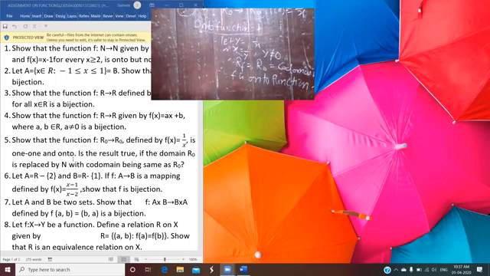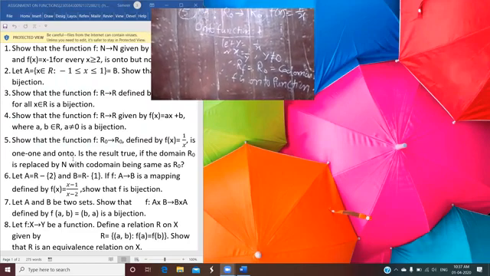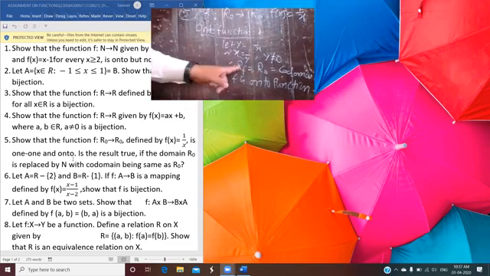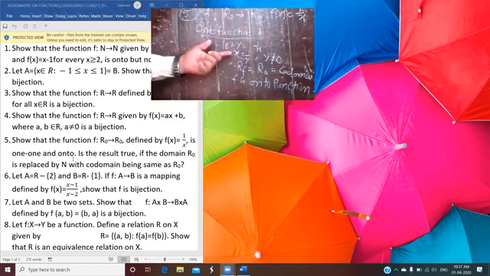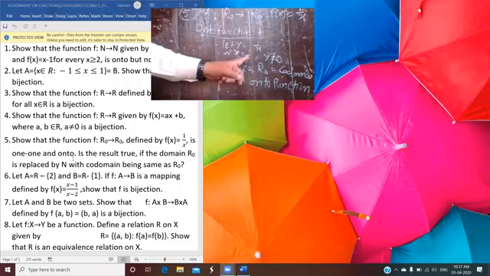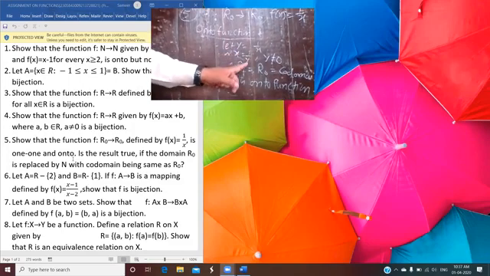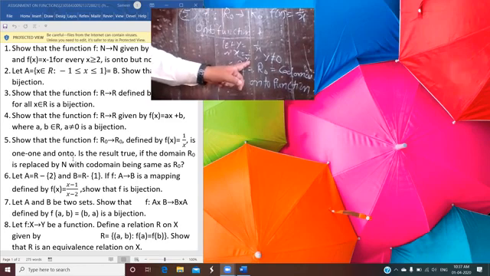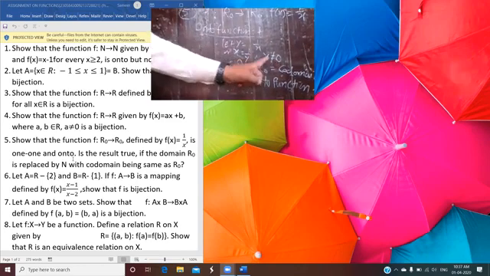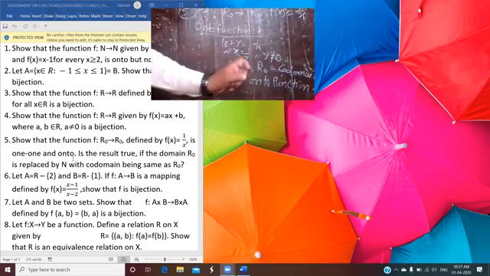Sir, how is the range of f equal to R0? Please explain again. Okay, the range of f means the set of defined values of y. If you find x = 1/y, as y is in the denominator, it should not be 0, so you write y not equal to 0.